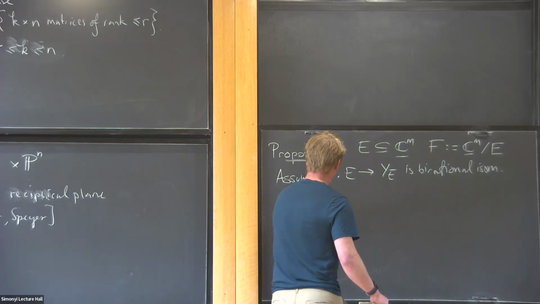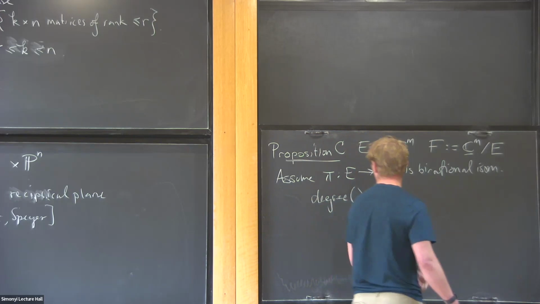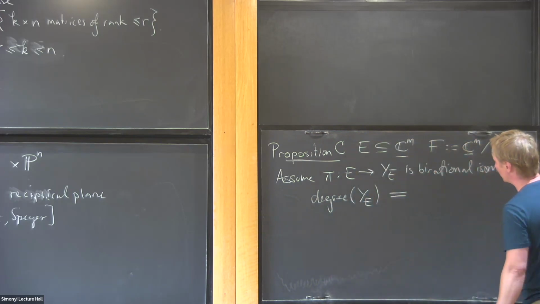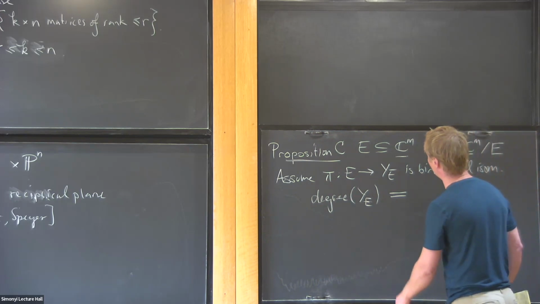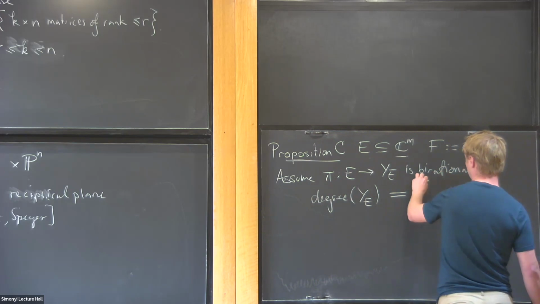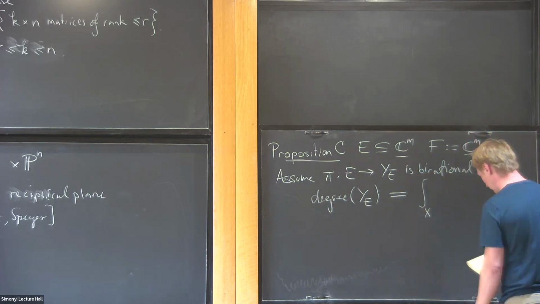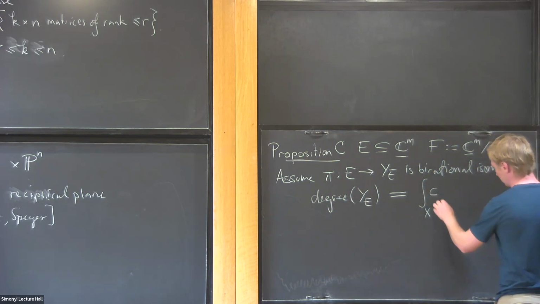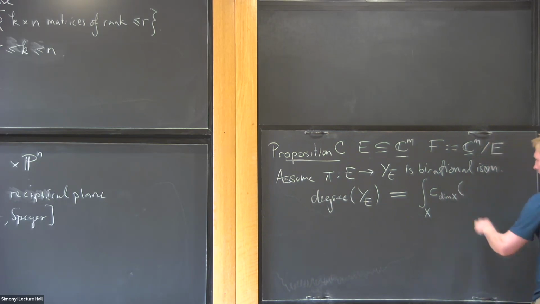The degree of Y, the degree of the collapsed thing, can be computed as a degree over the base X of a particular Chern class of the associated quotient bundle.